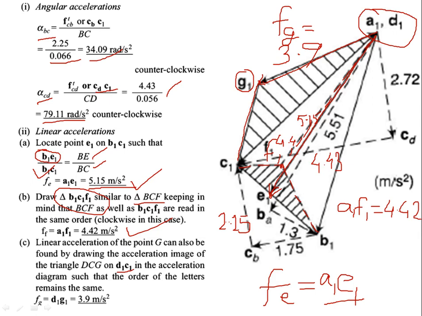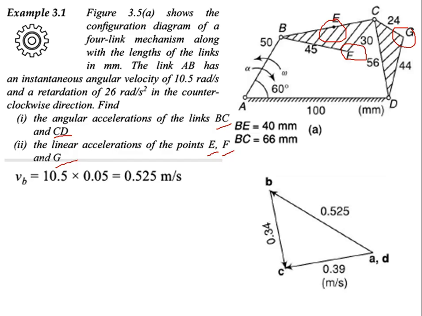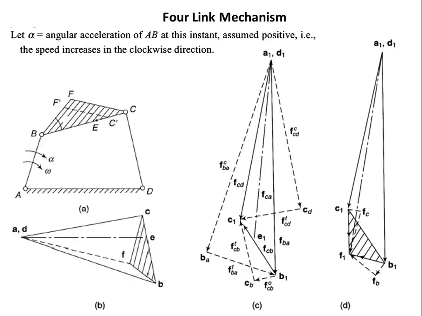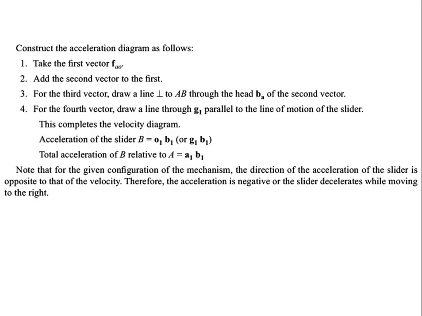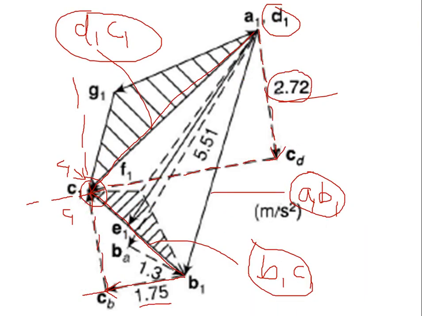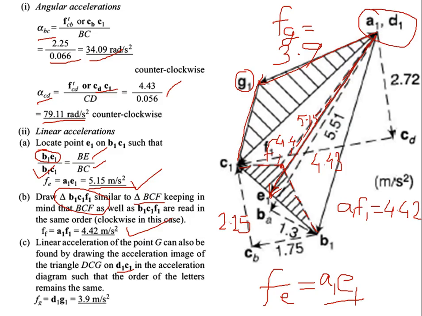Okay, as you have seen in the link here, this BCF is coming downwards, point F is coming downwards. So we have taken the opposite direction, that's why we have taken the point F in this direction. It was on the lower side, so we have taken F in the opposite direction.